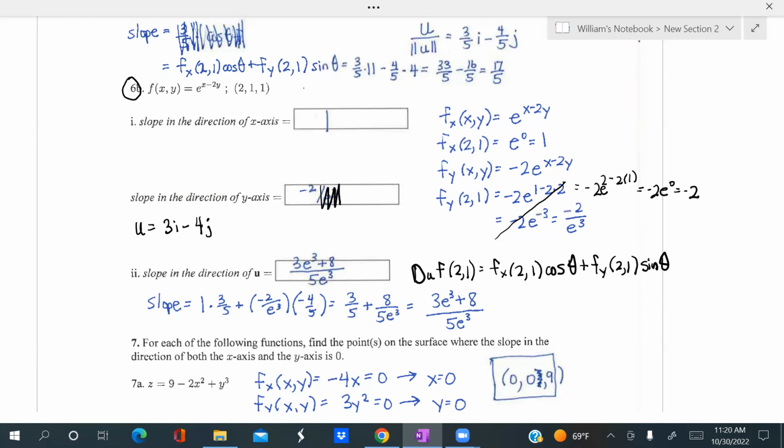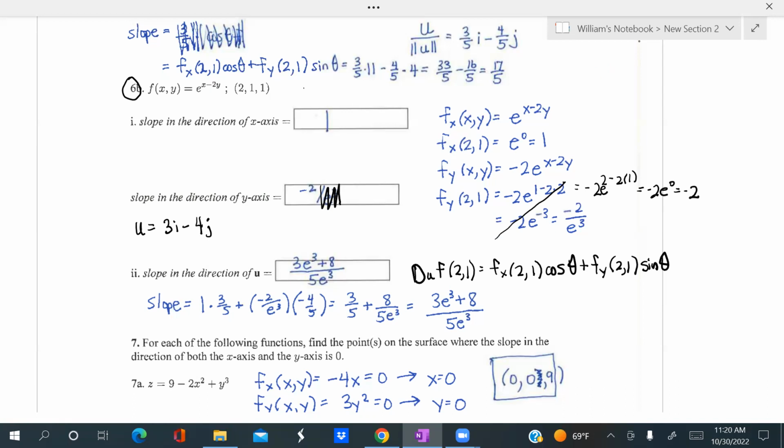So that means we have to use our directional derivative formula. And here's the directional derivative formula, right? For finding the directional derivative, the slope in the direction of this vector u at this input x equal 2, y equal 1.